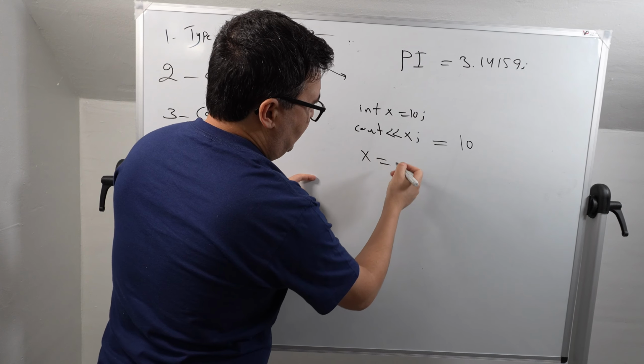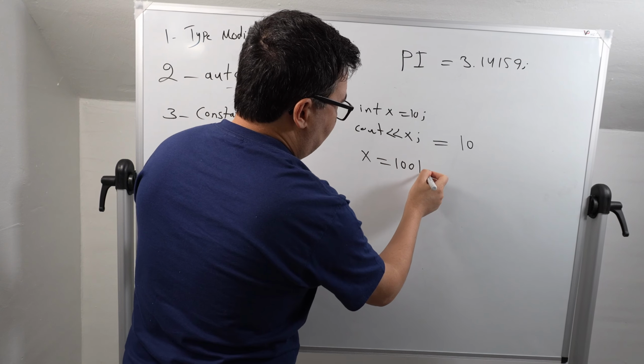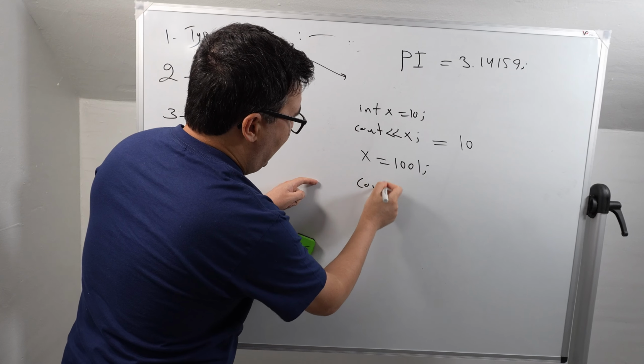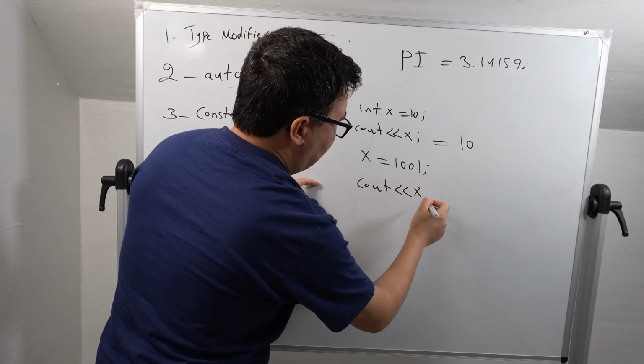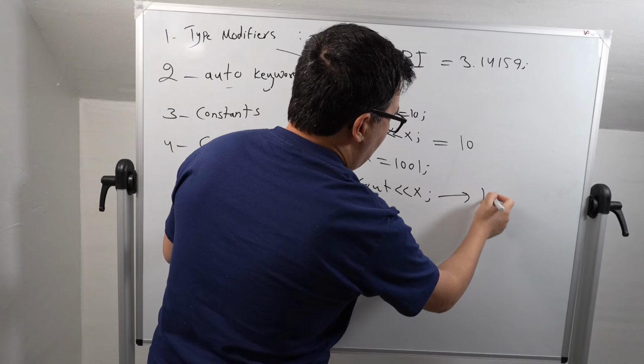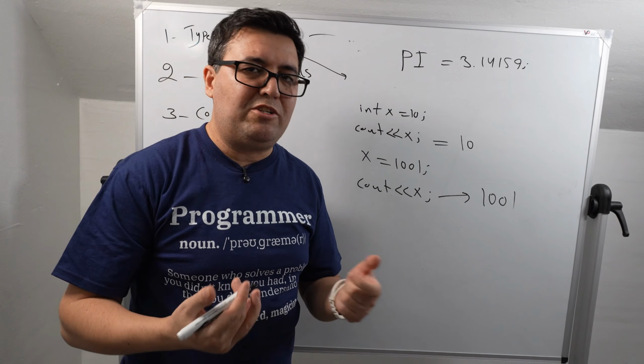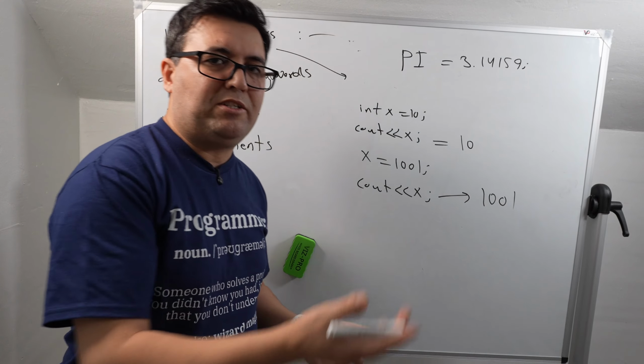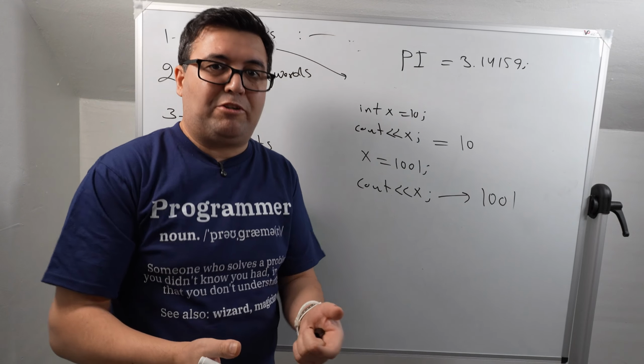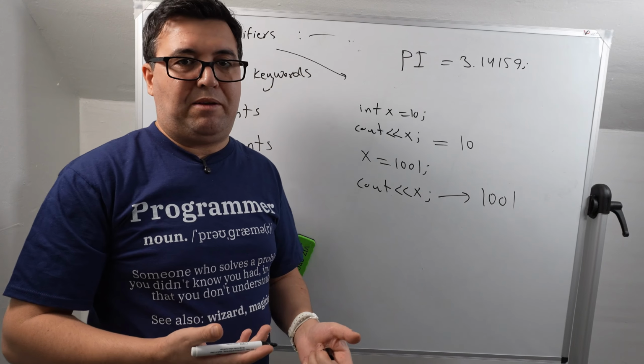We can say x is equal to 1001. Now if we cout x, the value of x is 1001. So the value of a variable can be changed during the program. It's called a variable because we can change its value.